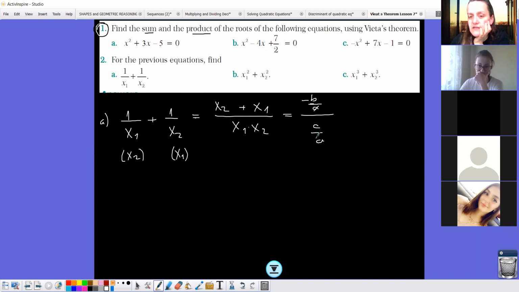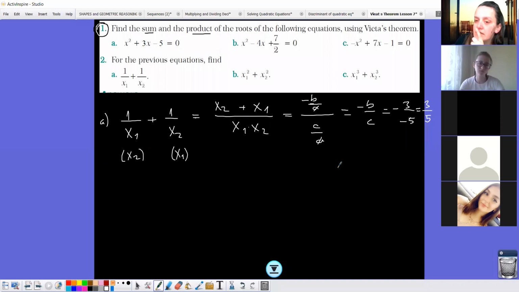So from here, I can simplify the a's, and I will get minus b over c. For this equation, what is b here? 3. I'm writing the minus, then 3 over, what is c? Minus 5. These minuses will cancel each other. The result is 3 over 5.